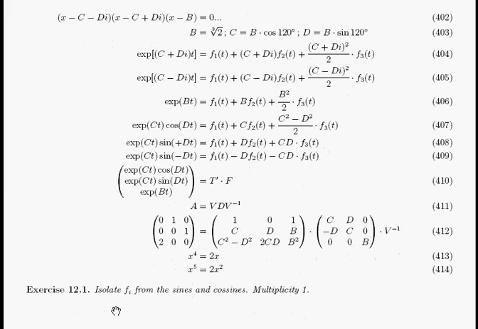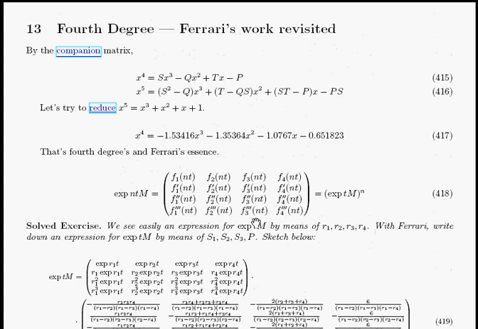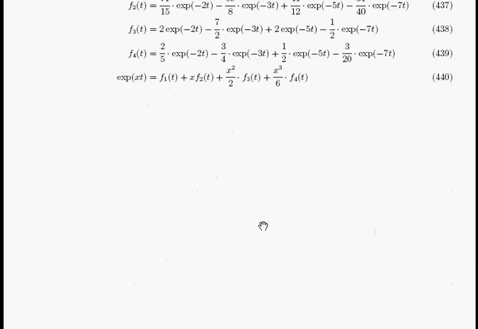The exercise is to isolate the fi's from the sines and cosines. I did not invert this T line. The multiplicity is 1. When the multiplicity is greater than 1, the equation can be solved by the derivative. Okay, I think there is nothing else to say.